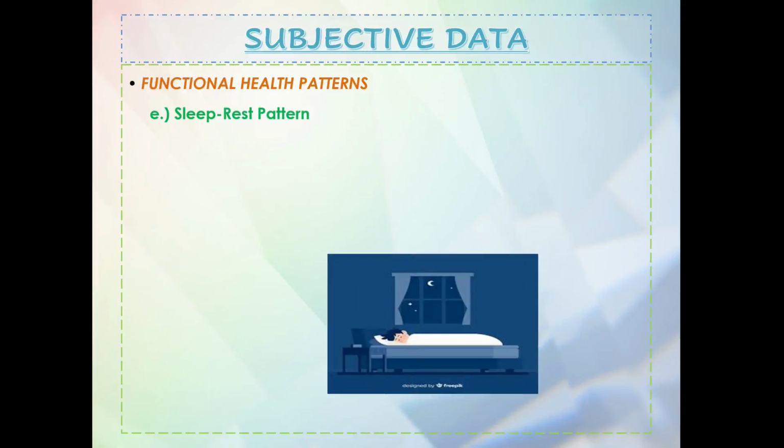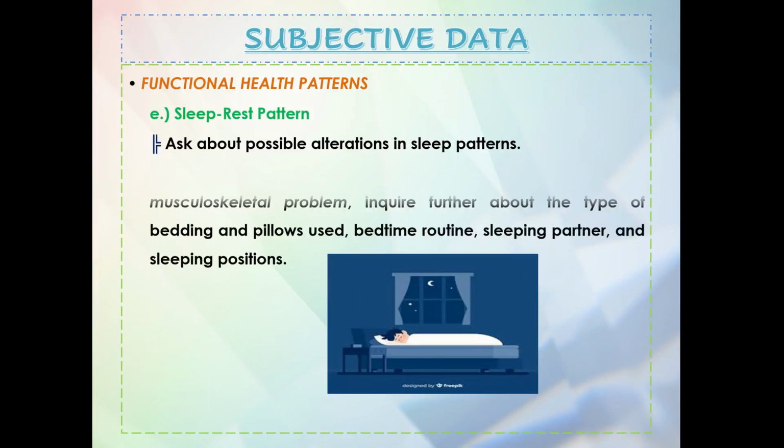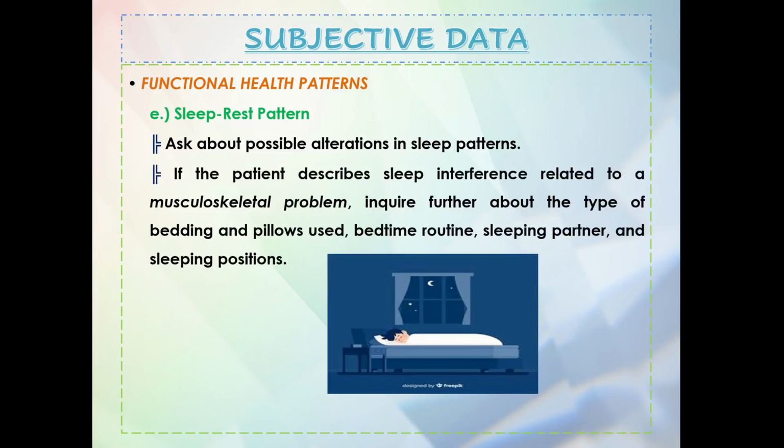Next is the sleep-rest pattern. So we ask about possible alterations in sleep problems. So if the patient describes sleep interference related to a musculoskeletal problem, you have to inquire further about the type of bedding and pillows used, bedtime routine, sleeping partner, and sleeping positions.